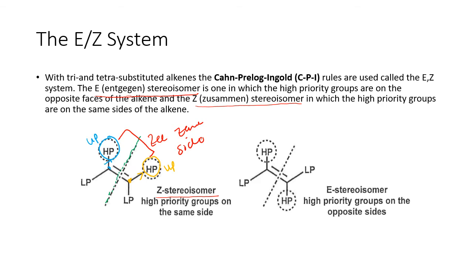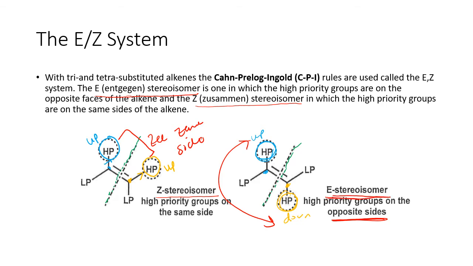And opposite to that, imagine if we break the double bond here in half, and we haven't talked about how you know what the high priority group is yet, but if we figure out the high priority group, and then this one on this side of the double bond is pointed up, and this one on this side of the double bond is pointed down, now you can see that those two groups are on opposite sides of one another, and that's called the E stereoisomer.